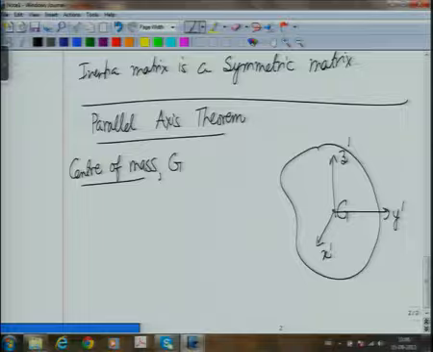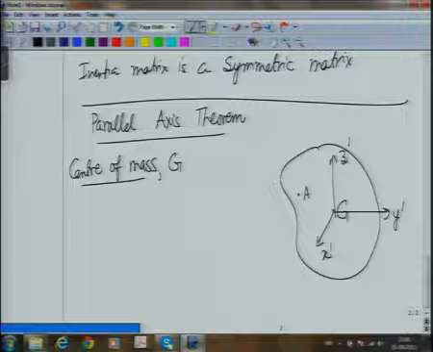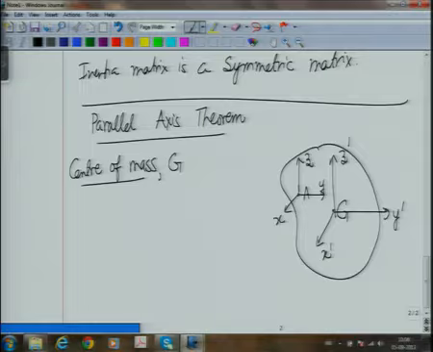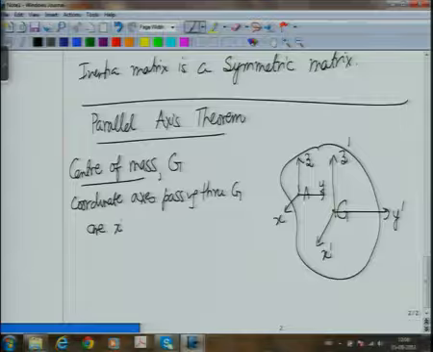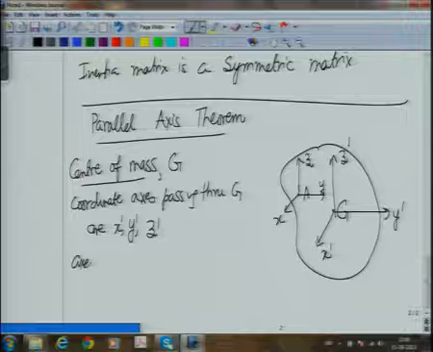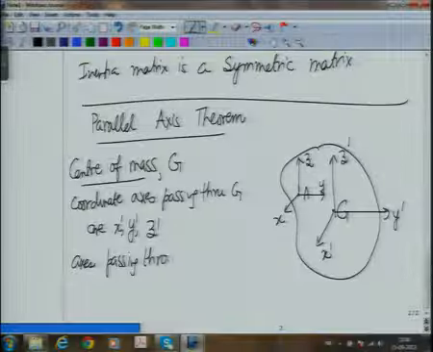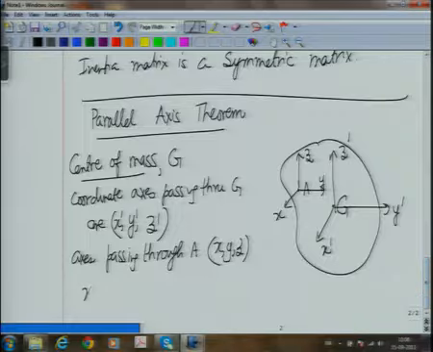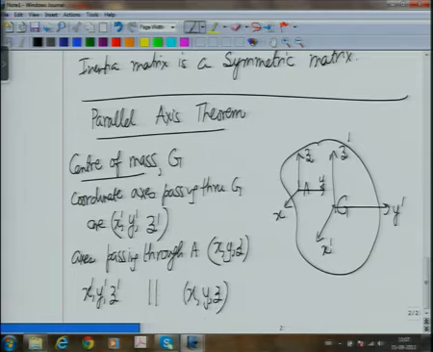And we have a general point A, and the parallel set of axes passing through this point, well, they don't look very parallel, but we call them x, y, z. And x prime is parallel to x, y prime is parallel to y, z prime is parallel to z.